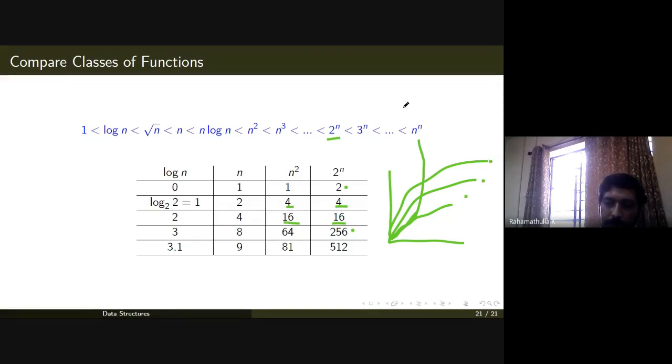But there will be a sudden jump in the case of 2 raised to n. So you yourself get convinced that all n to the powers are less than 2 to the power of n. So that's all about today's lecture about time complexity. I hope you understood the things clearly.